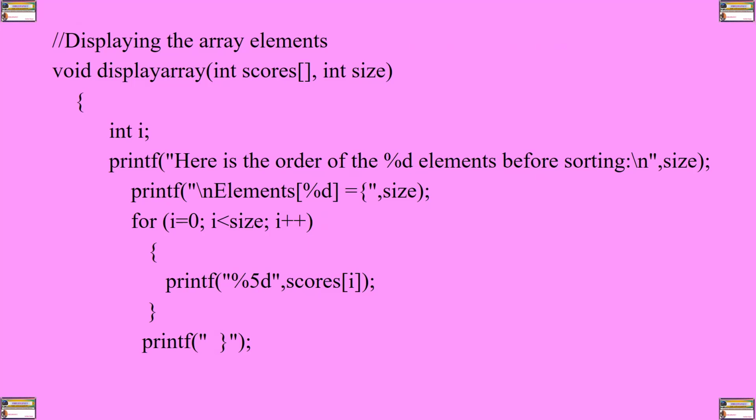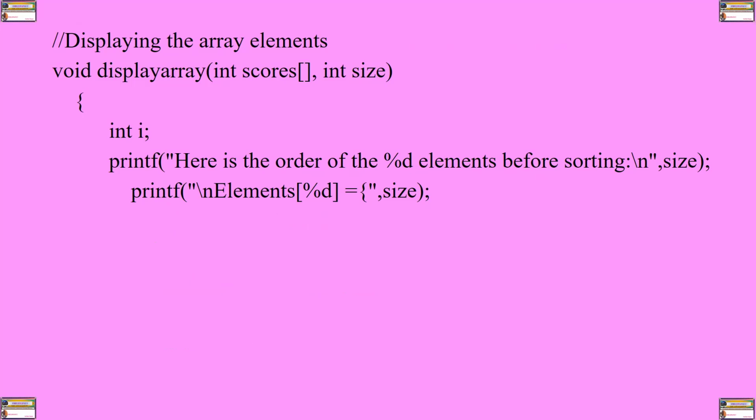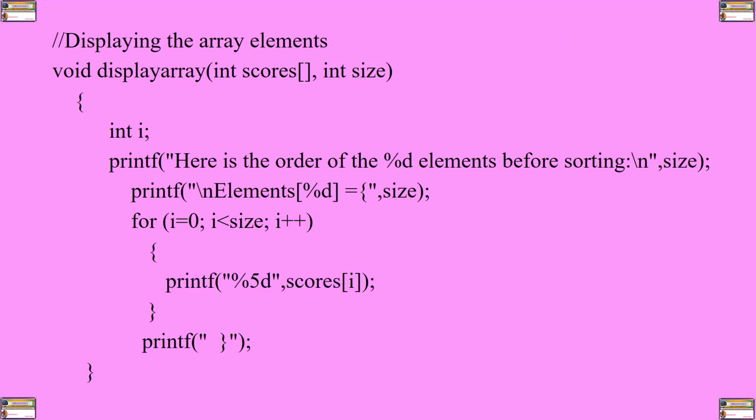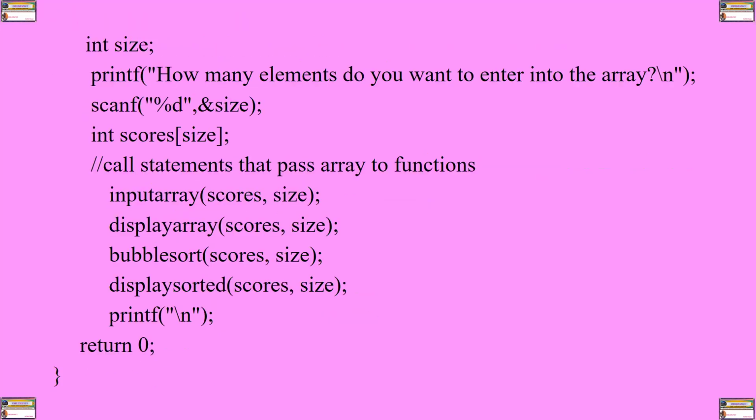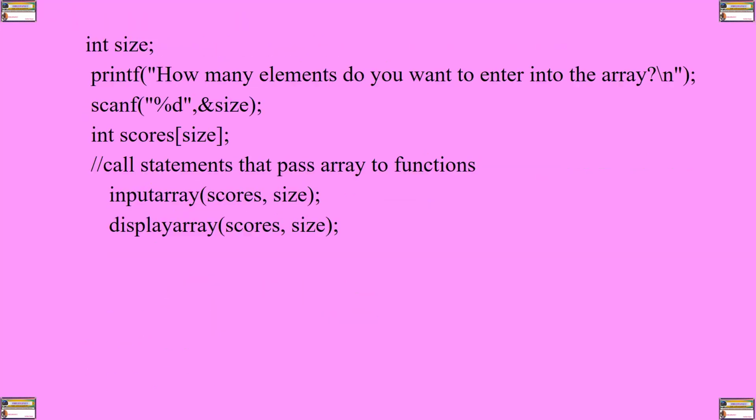Once the value of I is not less than size, the loop will exit, and the control will be taken back to the main program, which will then come here to bubble sort, the function for doing the sorting.